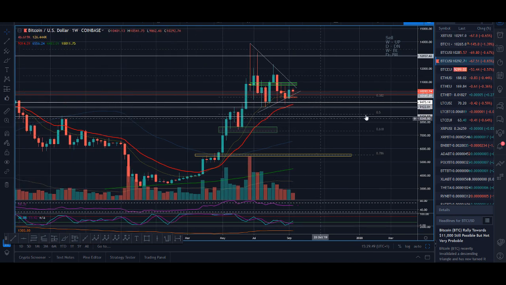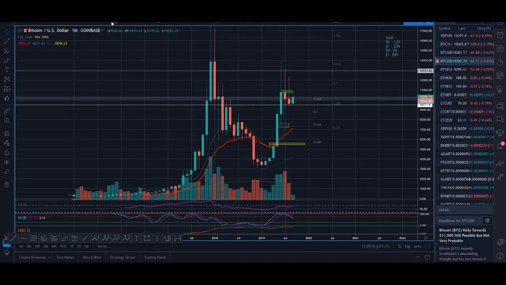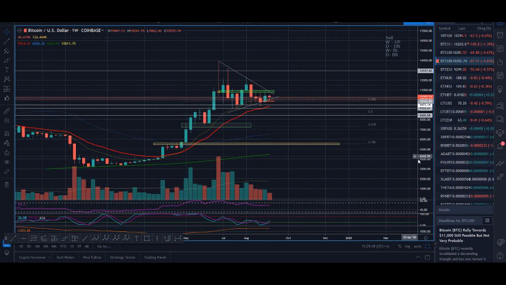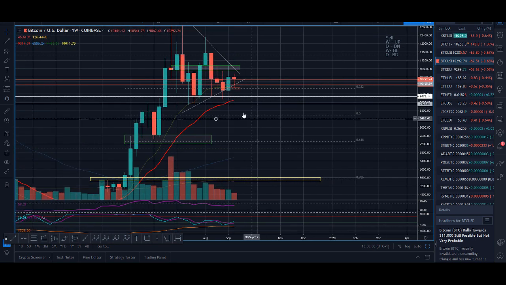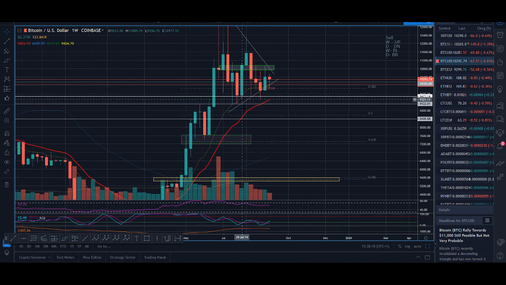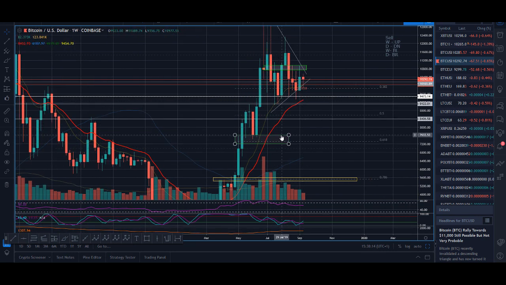So this is what we're looking at for Bitcoin. The simple thing is the monthly trend is up, the weekly trend is up, so my bias in Bitcoin is up. But if we break below this red zone that I've drawn, then there are a couple of support levels at 9,500 and 9,100. If they break, then Bitcoin could be going down to the 7,000, 8,000 level.